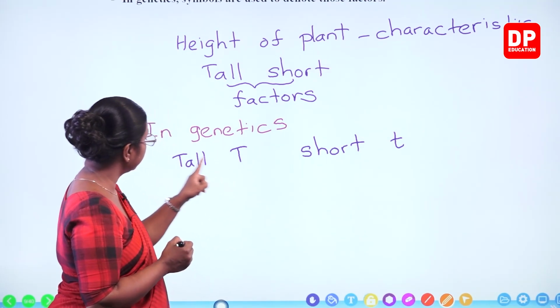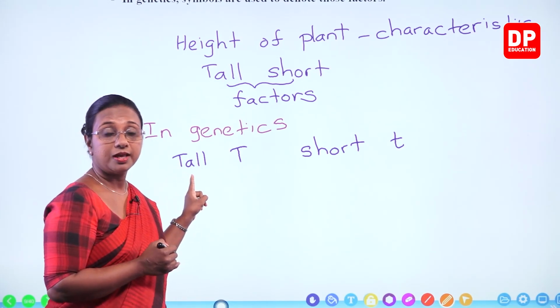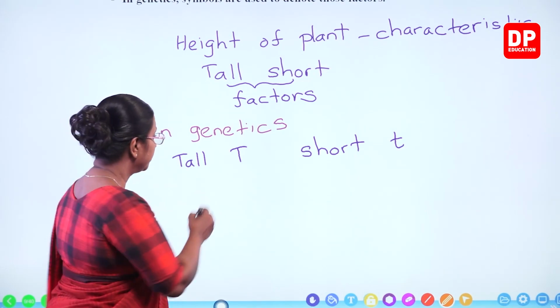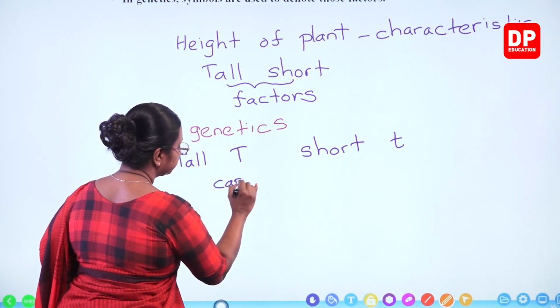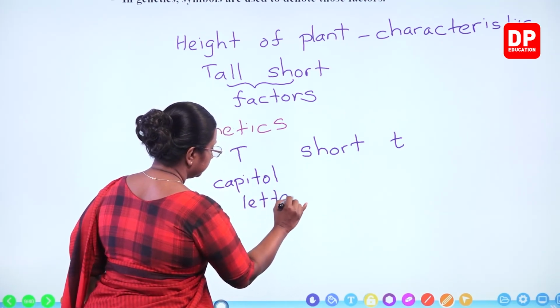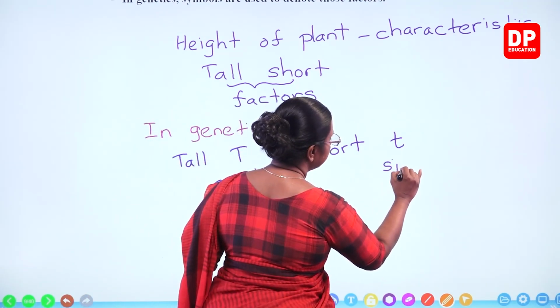So, capital letter of the tall dominant character as the letter there. So, this is capital letter and then simple letter.